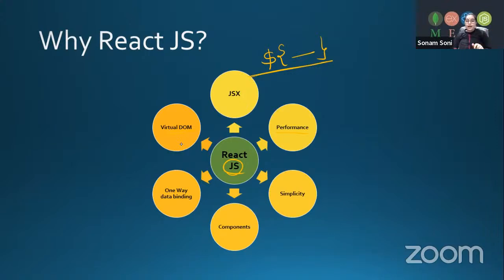Because of that, it is also not taking the page load time. So that is one benefit you get here. It is not going to load the full page, but it will check whatever has changed, and only those things are going to update. So this is one important feature that we have while working with the virtual DOM.